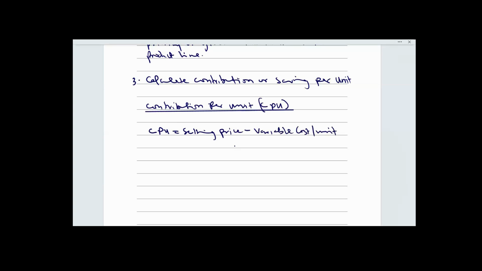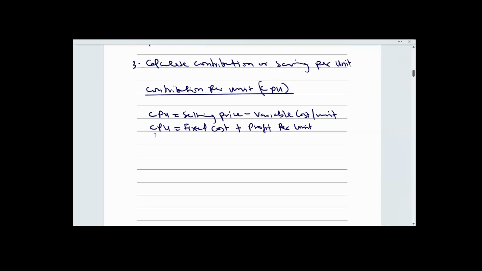If in the question you don't have selling price, but you are given fixed cost and profit, then contribution per unit can be fixed cost plus profits per unit. Okay, these are some of the ways in which you can calculate your contribution per unit. There will always be information for you to calculate your contribution per unit.